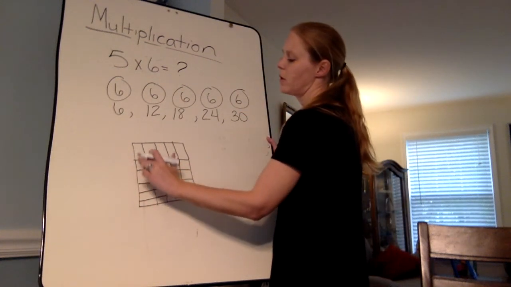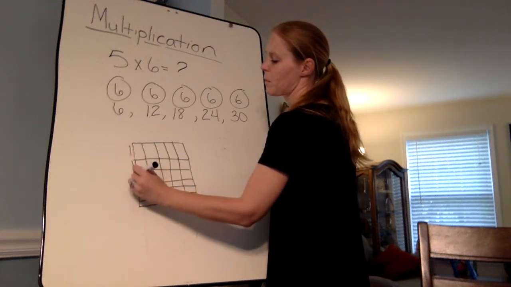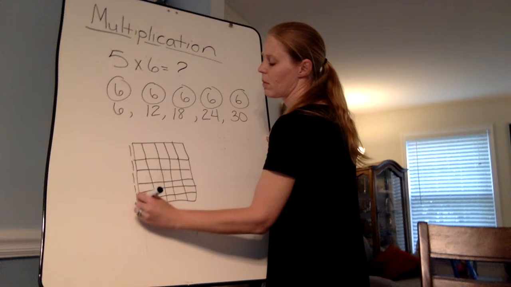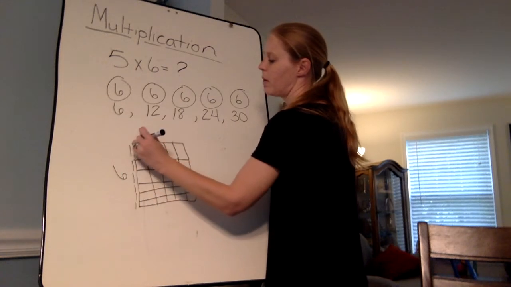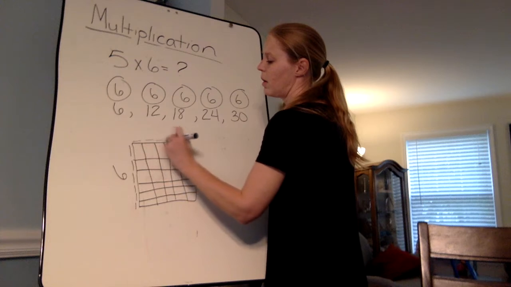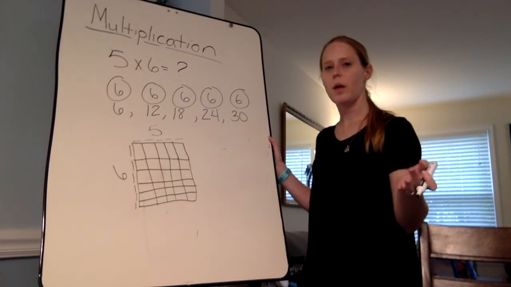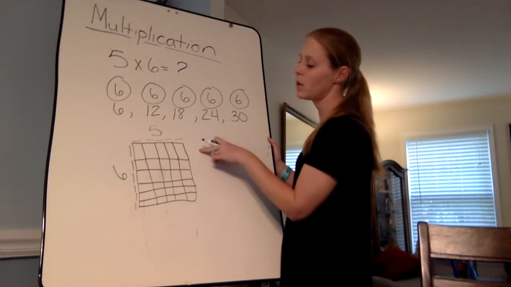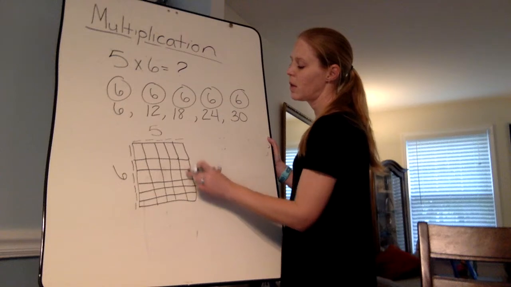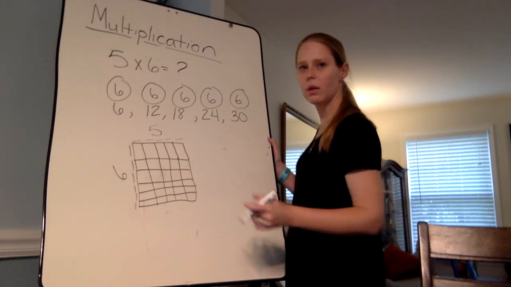Then I'm going to make sure I have 1, 2, 3, 4, 5, 6. And then I have 1, 2, 3, 4, 5. So then I can either count them all up. I can use this way to count by 5s, which is one of my favorite ways to count. So 5, 10, 15, 20, 25, 30.